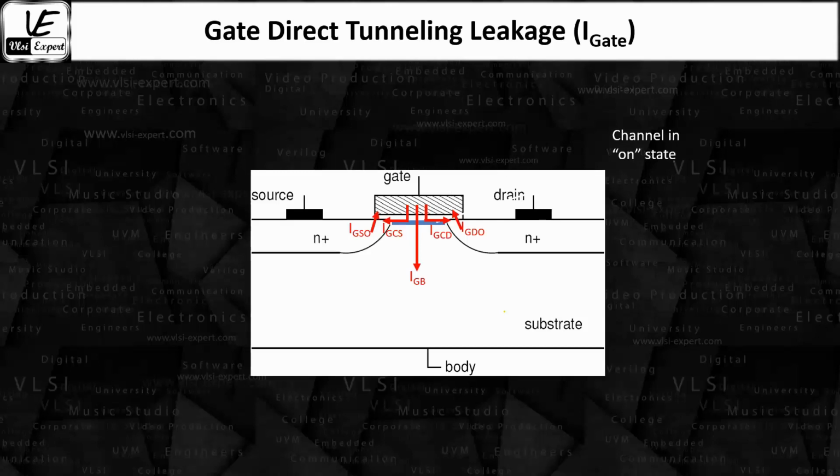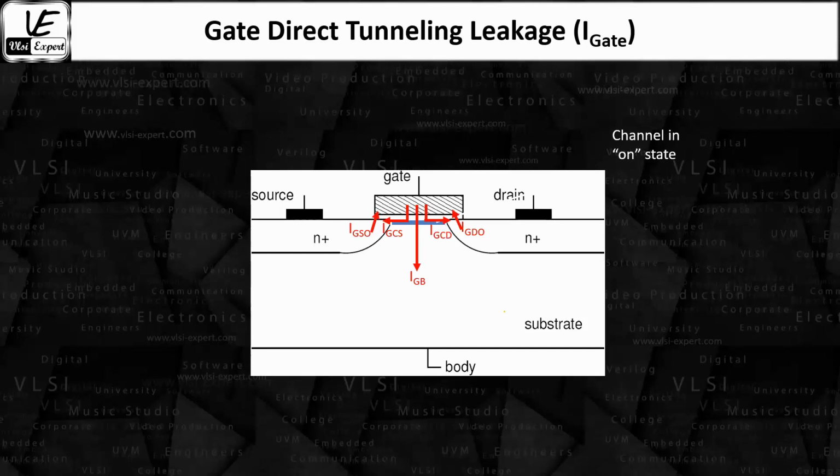Because of this zigzag movement, some electrons gain extra energy even when the channel is not connected, that is, the pinch-off condition is there, and they try to move from the drain end towards either the oxide layer or the surface, and we cannot predict the direction.